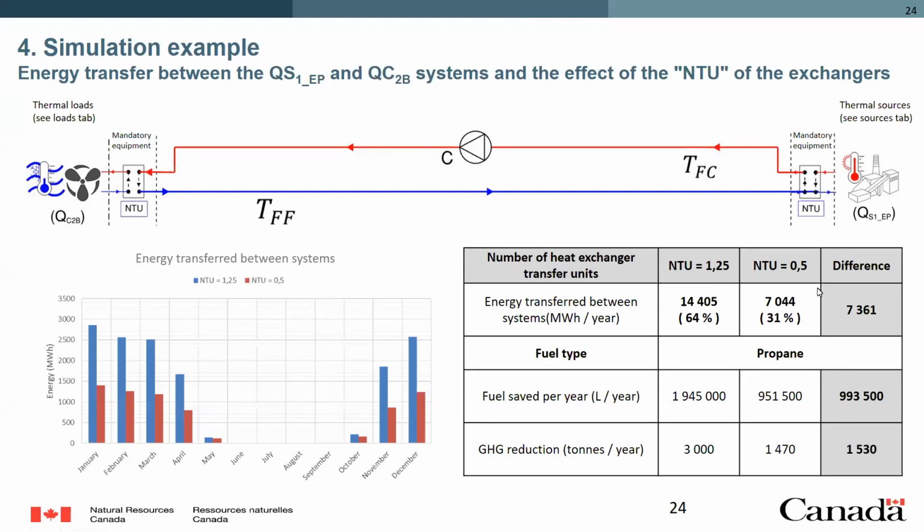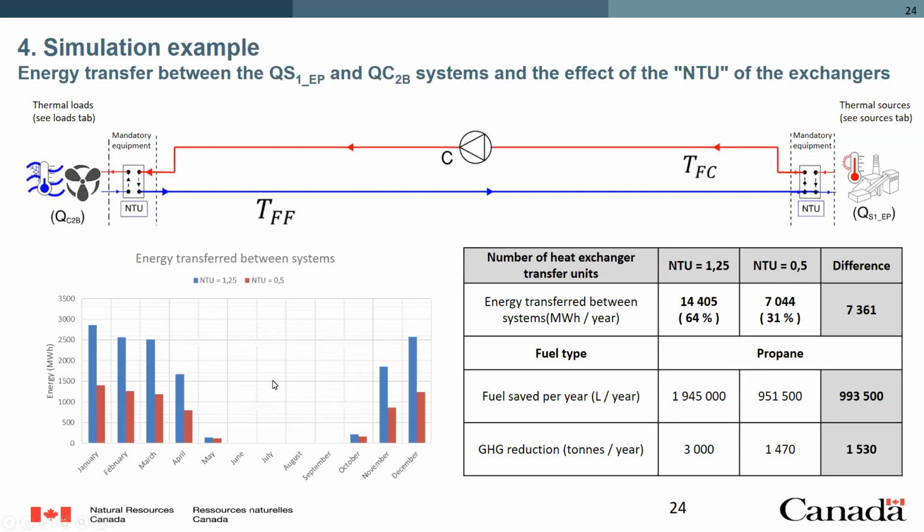So either because of room limitations or capital limitation, if there's a need to use a smaller NTU, that can also be simulated in the program. And as expected, these will generate less savings than the bigger one, as shown here. In this case, 31% of the load requirement for the year.